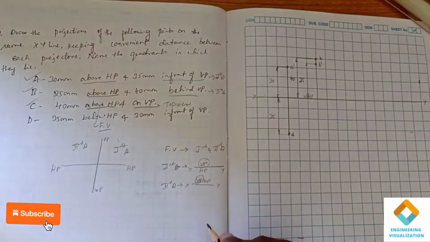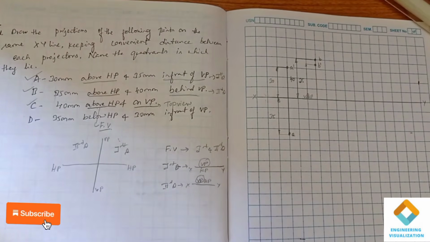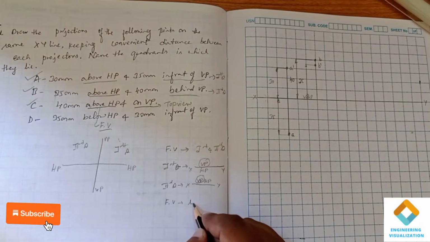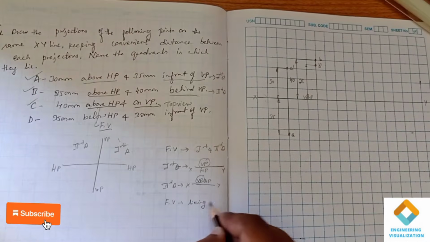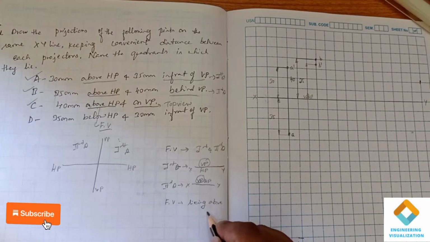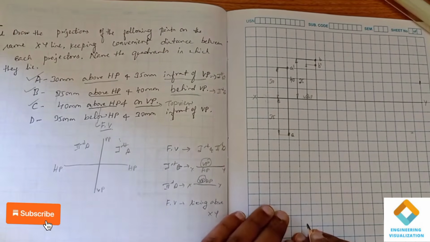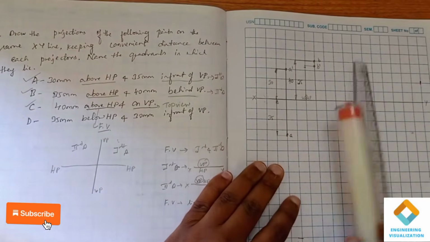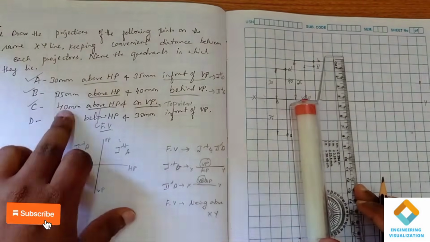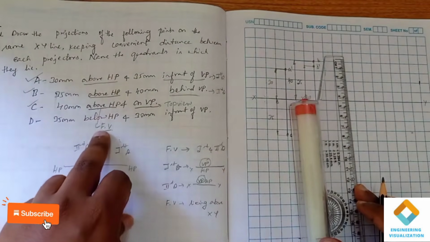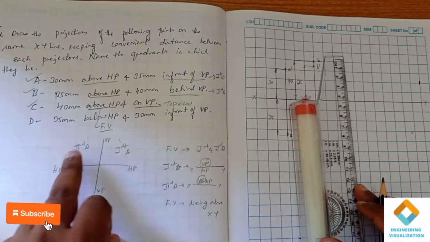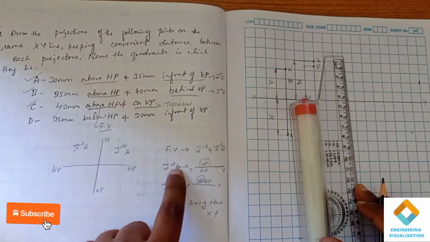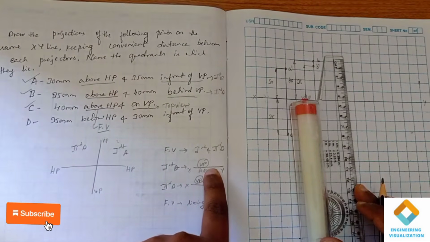Here also it is lying above the X line. So in both these cases the front view is lying above XY. So first we draw the front view, that is 40 mm above HP. It is lying in the first and second quadrant; in both cases the front view is lying in the vertical plane.